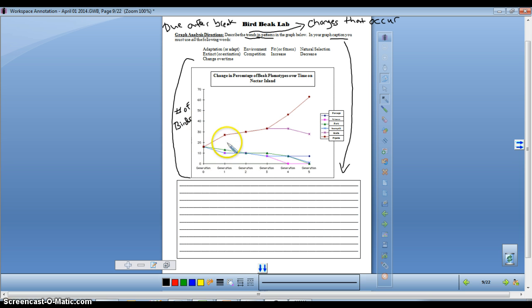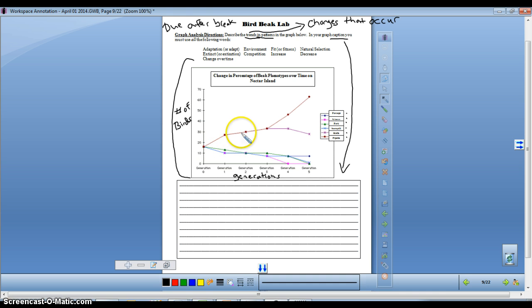This information here, the different shapes, the different colors, are all different types of beaks. Here, on the x-axis, we have the generations. Okay?